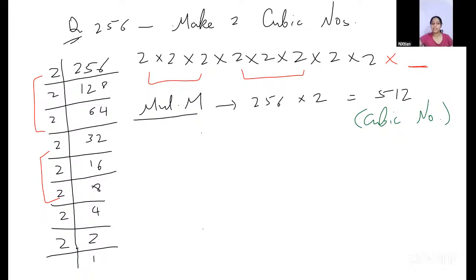Okay, and what else can I do? I can, with the division method, divide 256 by 2 times 2.